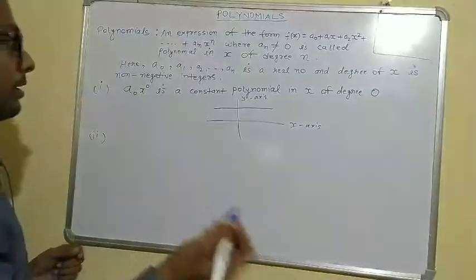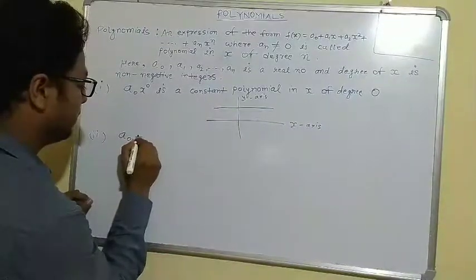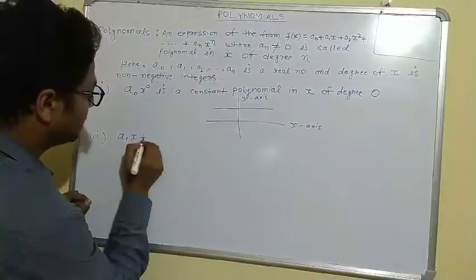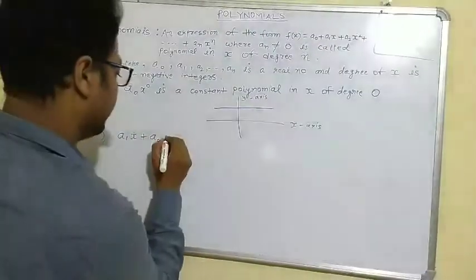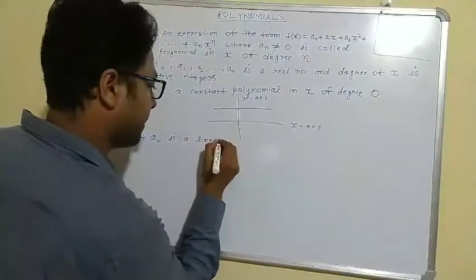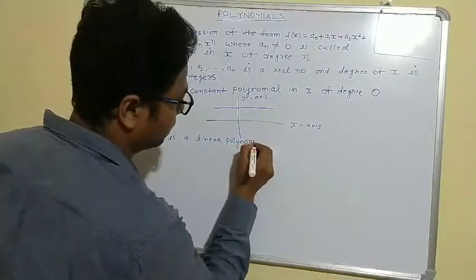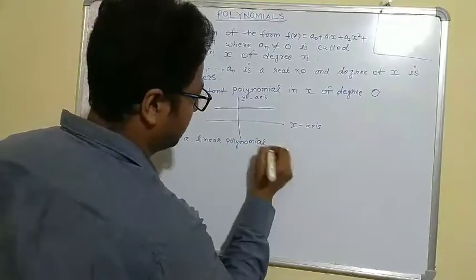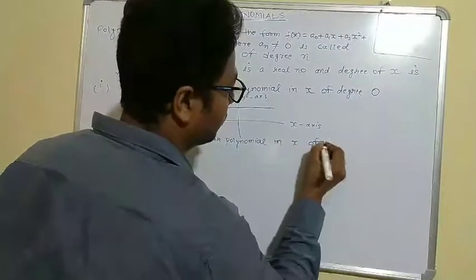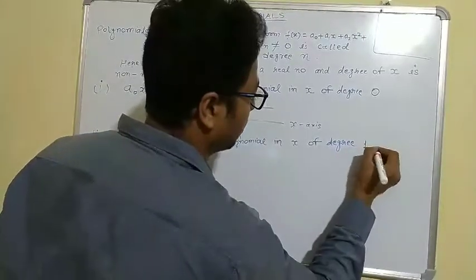Now a1x plus a naught is a linear polynomial in x of degree 1.